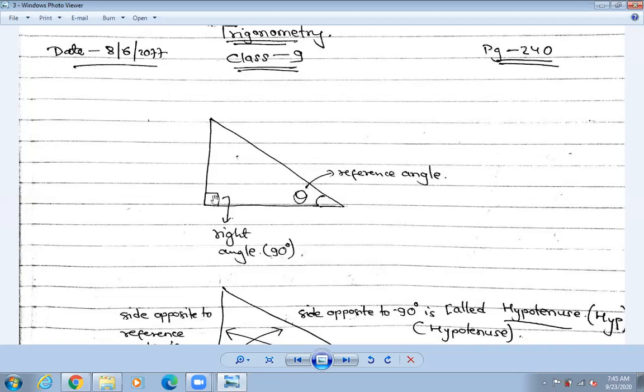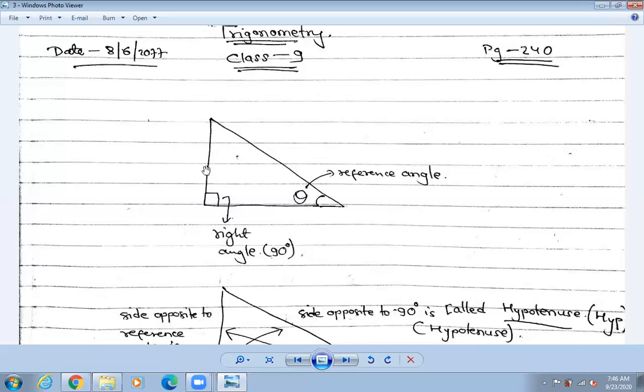So what do we call the opposite of 90 degrees? The opposite of 90 degrees is called hypotenuse. And the opposite of the reference angle is called what? There are two words for that one.